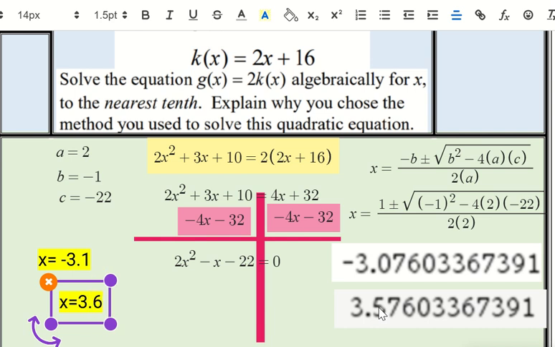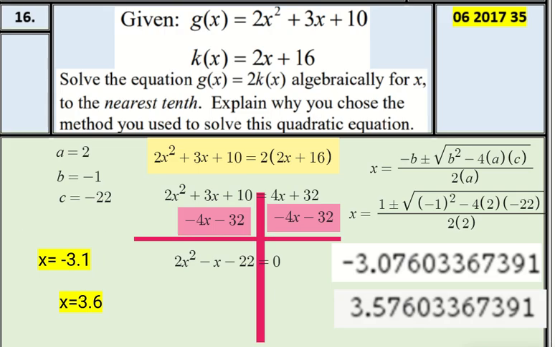Now, we have almost all of our points except for one detail. We're told to explain why we chose to use the quadratic formula in this situation. So my explanation, I want to be brief, but I do have to write a sentence to make sure I get full credit.